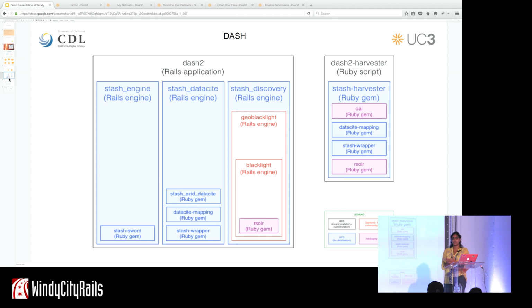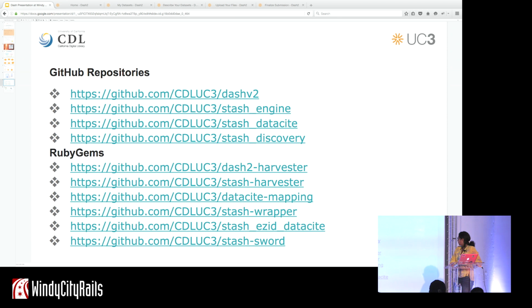So we use the Solr engine and the GeoBlacklight UI interface. These are the bunch of gems that we came up with for packaging and submitting your data into the repo and then harvesting it from the repo into the Solr engine for index and search. So these are the repositories on GitHub for our applications as well as the gems that we developed.